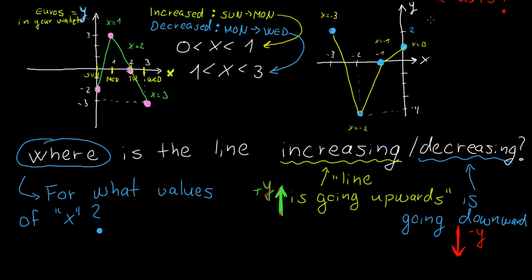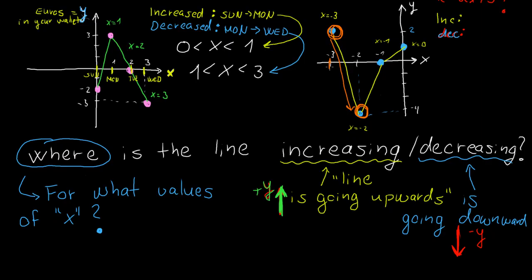So where is the function increasing and where is the function decreasing? I used red, I should have used blue. Decreasing. Imagine it's euros again, and we now see that the graph right here, from this point, goes down, down, down, and it stops here.